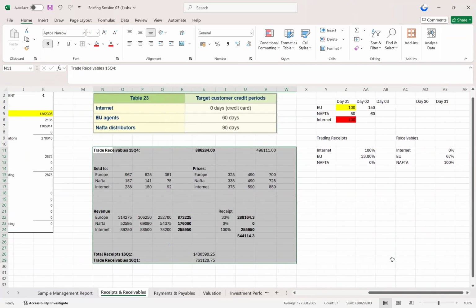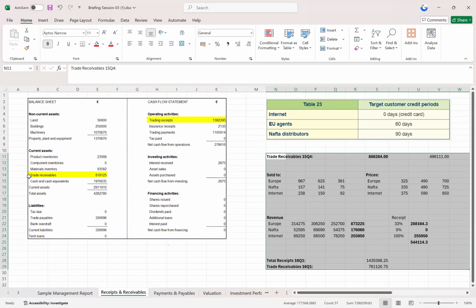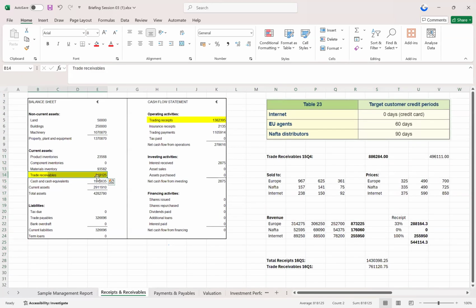Sir, the trade receivables this quarter is 15, this quarter is of the Q4. Now let's say I want to predict my trading receipts for the next quarter. This is the position in 16 Q1. Now I have to predict, calculate or preempt my trading receipts for the next quarter. One thing is clear, this will definitely be a part of my receipts, 818125.